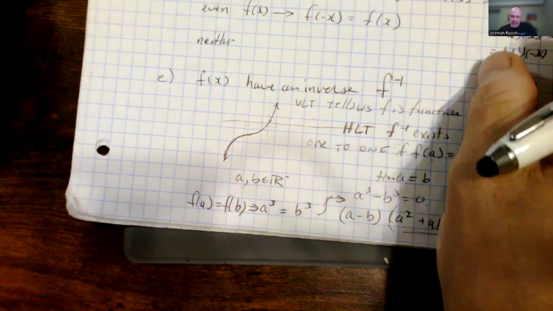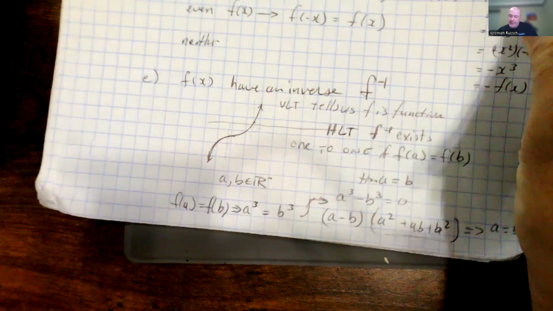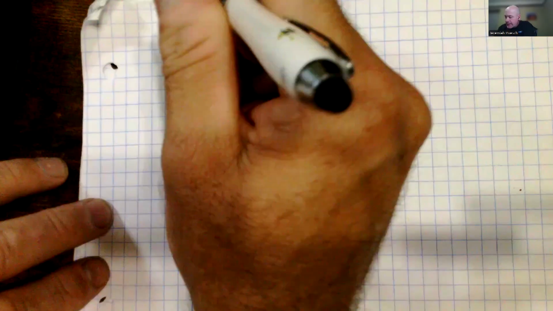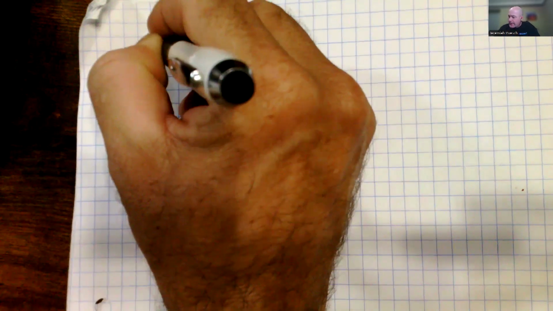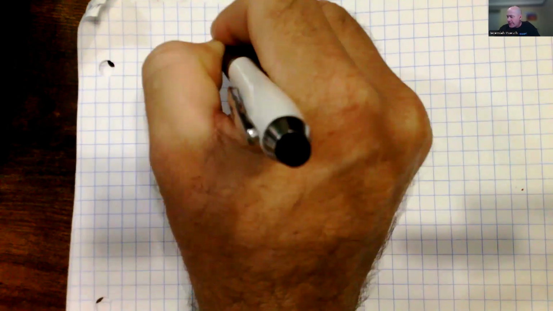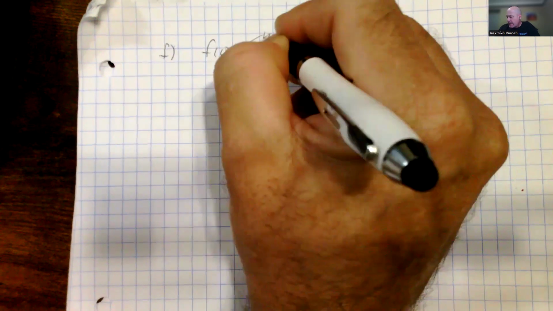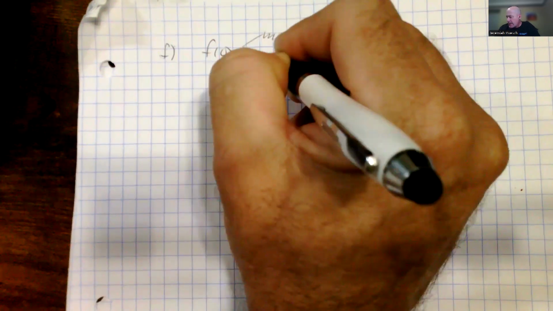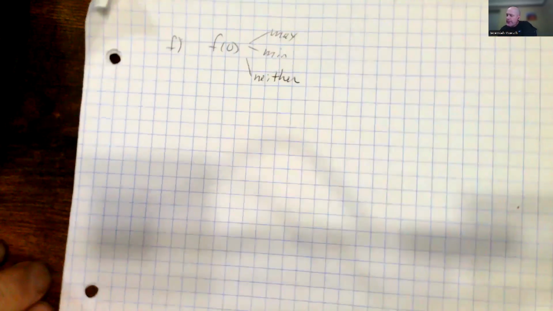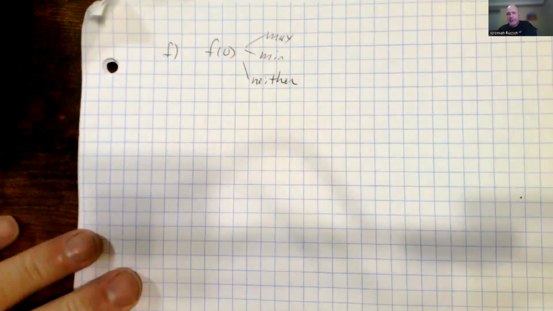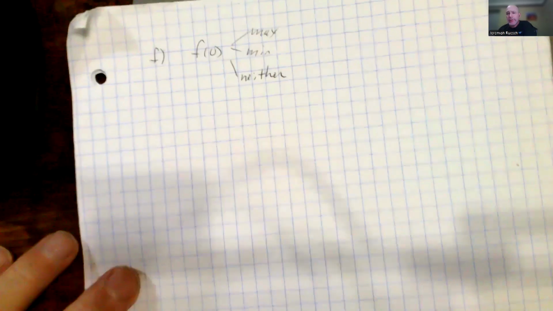For part F, we want to show whether f(0) is a max, min, or neither. So we want to know if f(0) is a max, a min, or neither. We're talking about a local max or a local min.